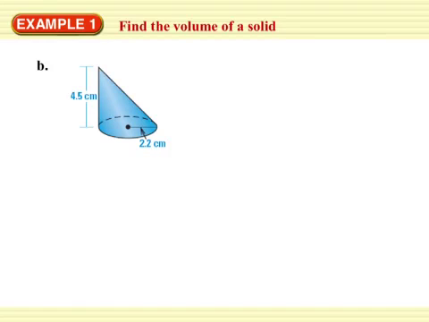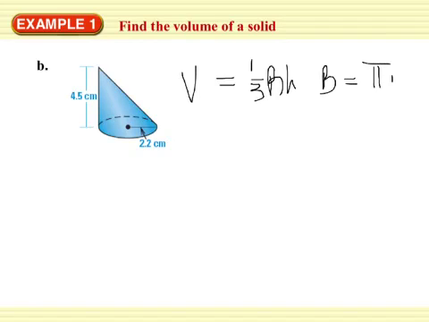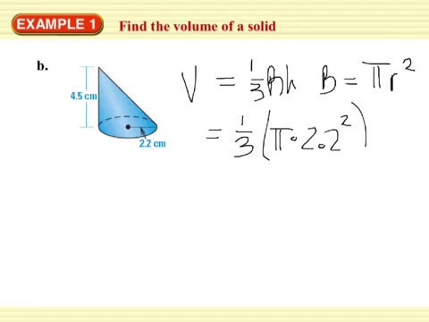Here we have a cone, 1/3 big B times H, where B is pi r squared, the area of a circle. So let's put everything together. Pi times the radius, which is 2.2, squared, times height, which is 4.5.